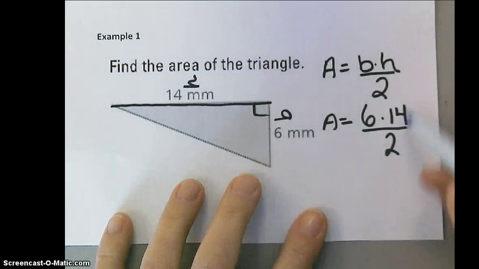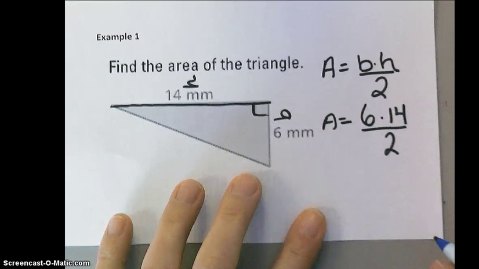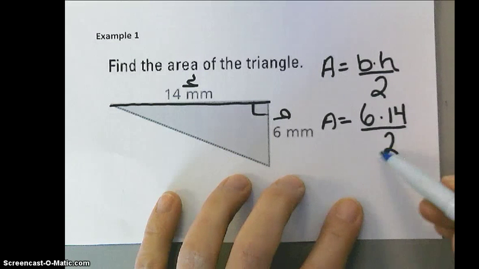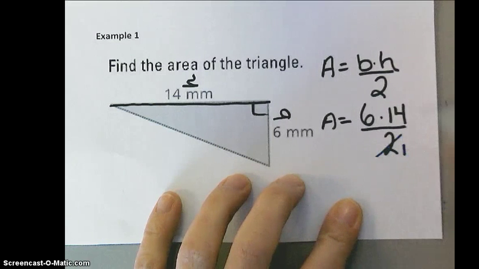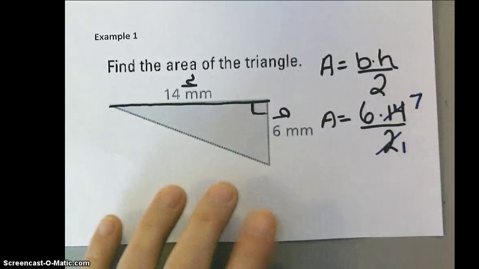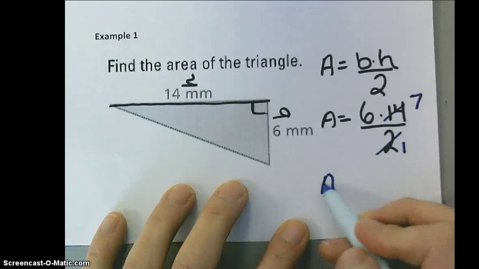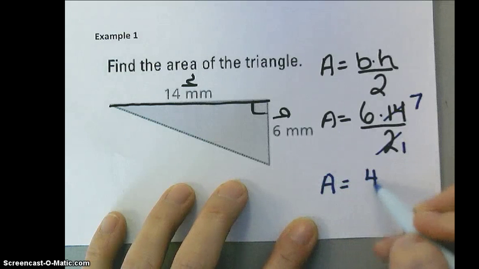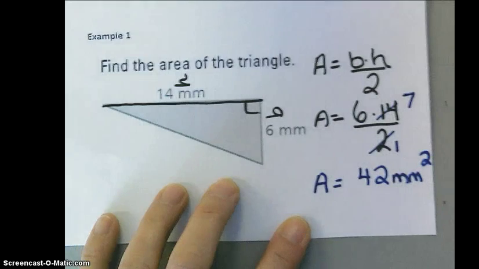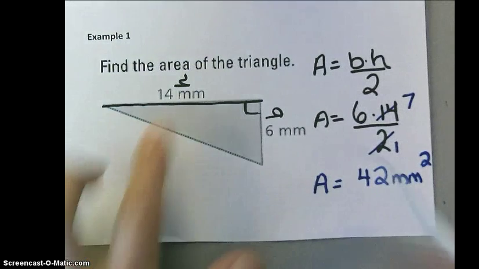I'm going to try to cut down this 14 to make it smaller. I don't really know my multiplication facts for 14, right? So if I take this 2 goes into 2 once, and 2 goes into 14 7 times. This is a lot easier to multiply than 6 times 14. So now what you have is the area is 42 millimeters squared. And we're still squaring it because we have 2 dimensions.